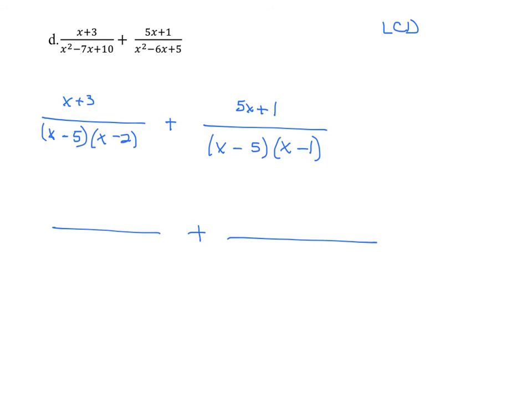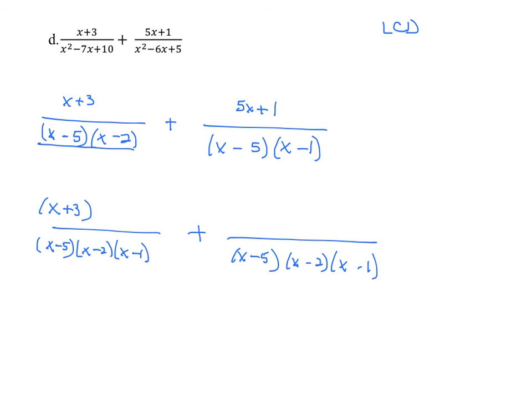All right, we write down what's in common, x minus 5 for both of them. Just write it down once. And then write down the leftovers. Perfect. Thank God it's an addition problem. So in the numerator on x plus 3, well, I have both of these guys, but I'm missing x minus 1, so I just write it down.